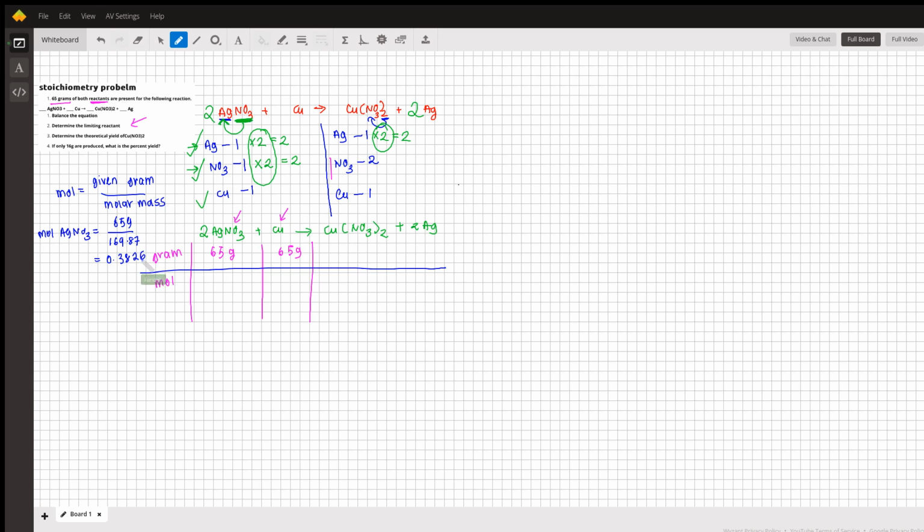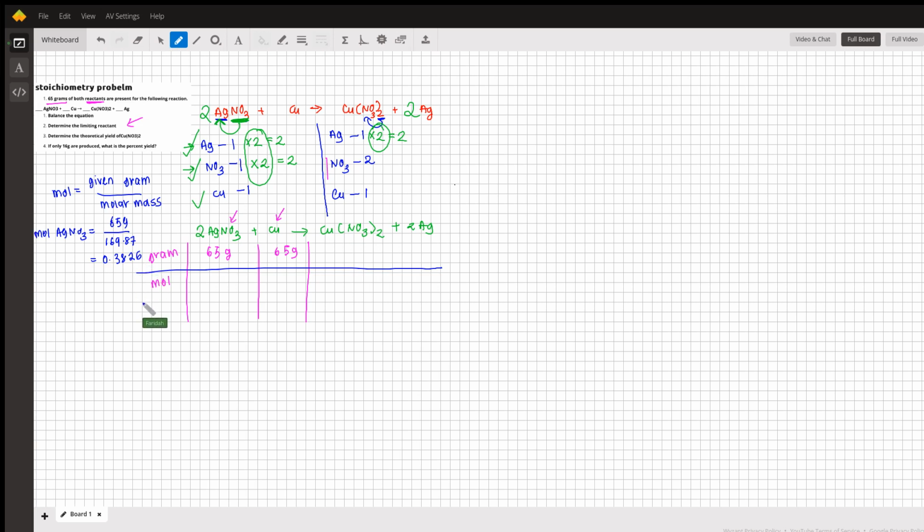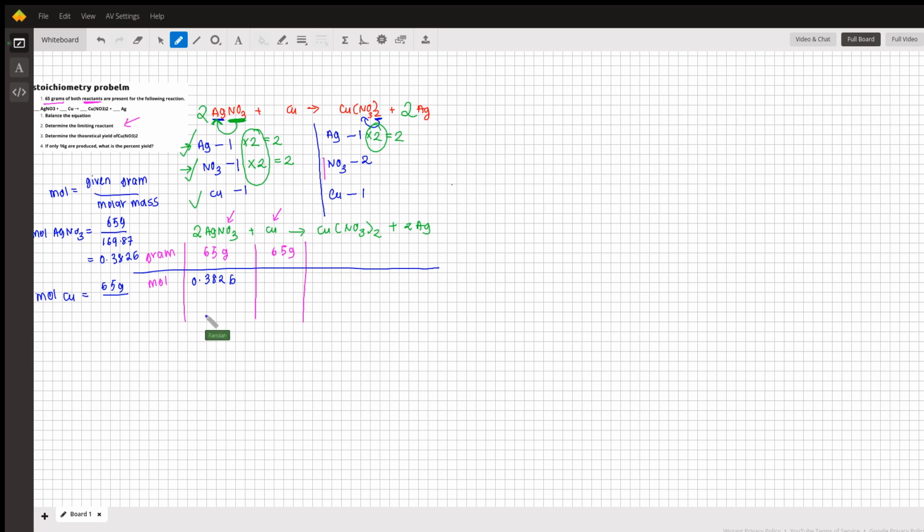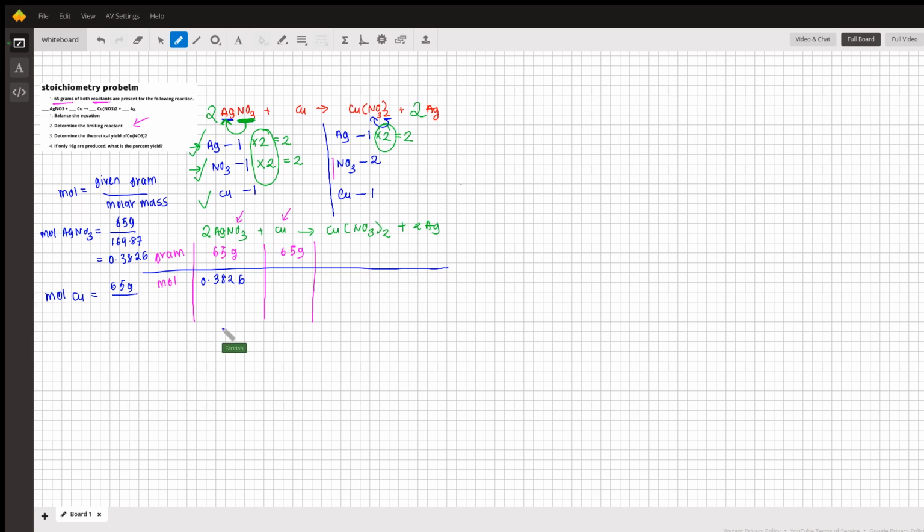So now what is the mole of copper? Here we'll write mole of AgNO3 is 0.3826. Now finding the mole of copper, same thing: given mass 65 grams divided by the molar mass of copper, which is 63.546.